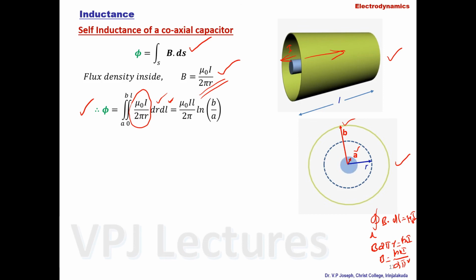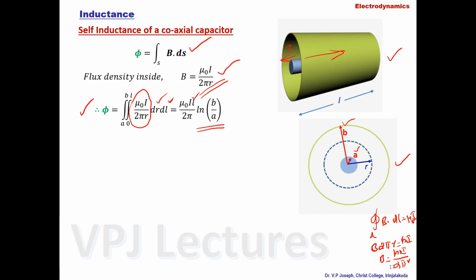So 0 to L dl is simply L, the total length, and for the other one, a to b dr by r, the constant mu 0 I L by 2 pi is taken outside, and that will give log b by a as in the previous example.